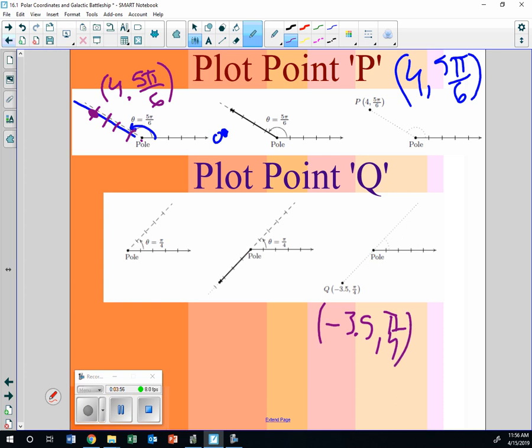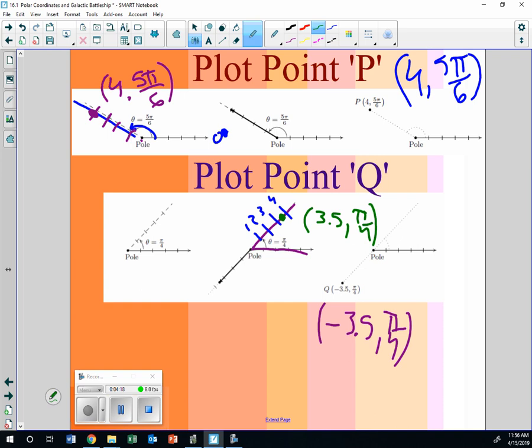We're going to go pi over 4. Here's pi over 4. And we're going to just go out, forget about the negative. 1, 2, 3, 3.5 is going to be right here. There is where 3.5 comma pi over 4 is.